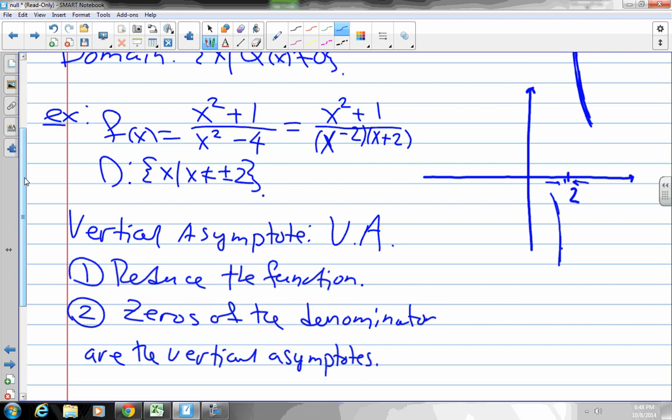So this function has two vertical asymptotes, one at positive 2 and one at negative 2. Now the way those asymptotes behave, the way the function behaves around the asymptote, that's a whole different issue, and we'll deal with that momentarily.